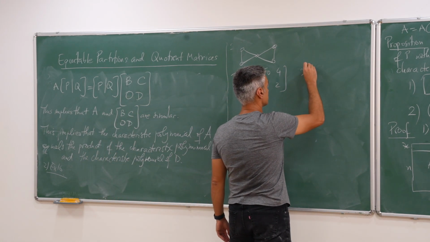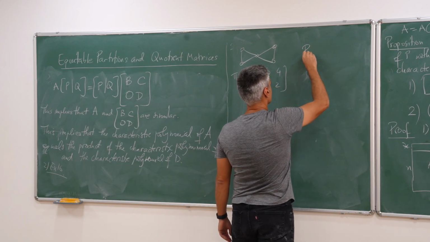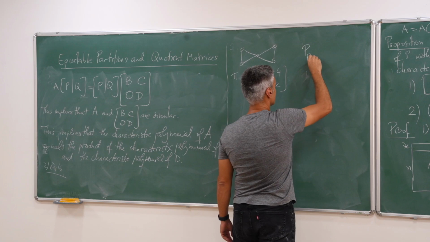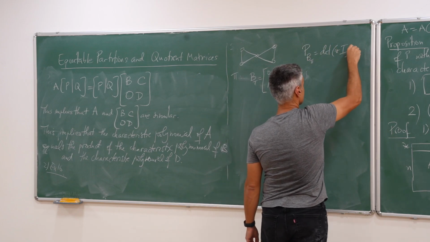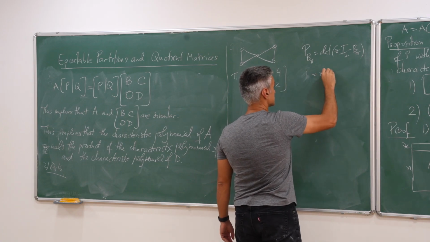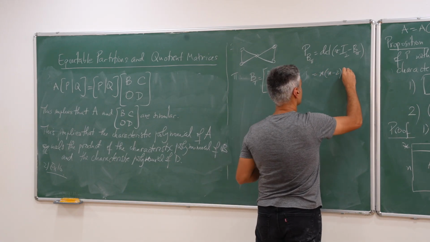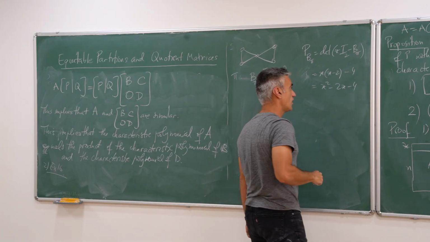You just calculate. The characteristic polynomial of B pi is the determinant of xI minus B pi. So what is this going to be? x times x minus 2, minus 4, so it's x squared minus 2x minus 4.